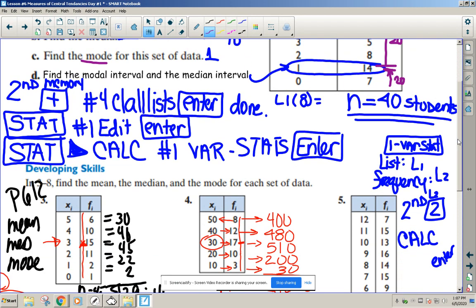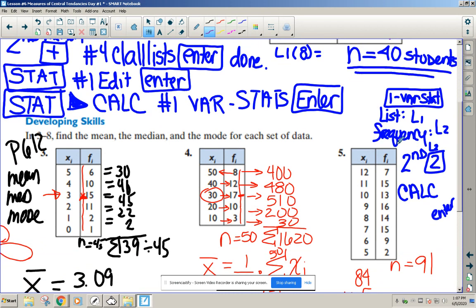So here's a bunch more lists. Now, if you do this without me, you have to clear your lists. Right now, I'm just going to do this one really, really fast on the calculator, but the one thing I want you to see is if I didn't use the calculator, if the interval is 5 and I say a frequency is 6, this is 5 happening 6 times, or 5 times 6 is 30 if I was doing the mean by hand. 4 happens 10 times, 40. 3 happens 15 times, 45. 2 is happening 11 times, 22.